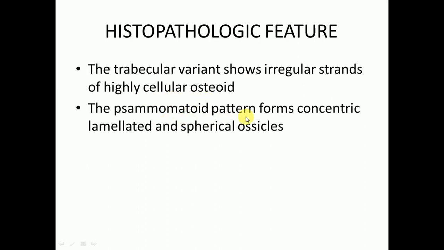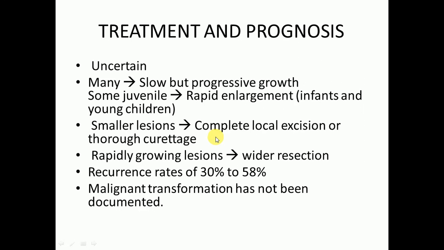The psammomatoid pattern forms concentric lamellated and spherical ossicles. So we can differentiate between the trabecular and psammomatoid patterns on the basis of histopathological features as well. Now we'll discuss the treatment and prognosis.